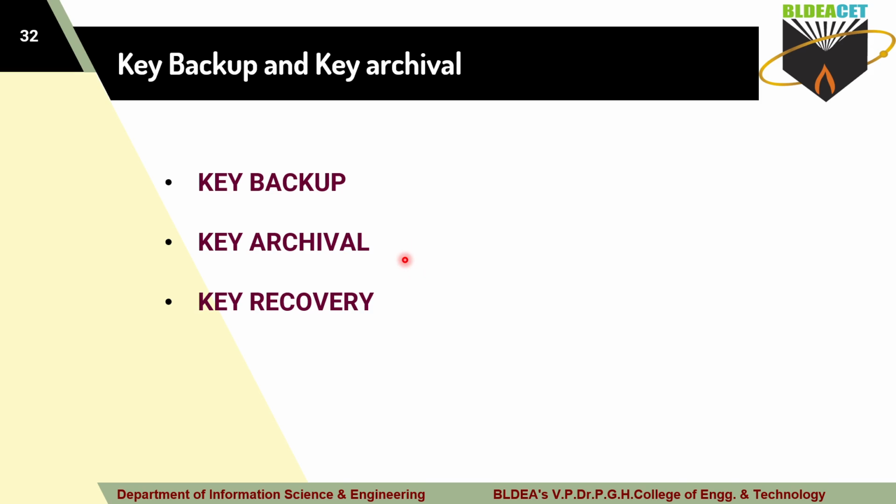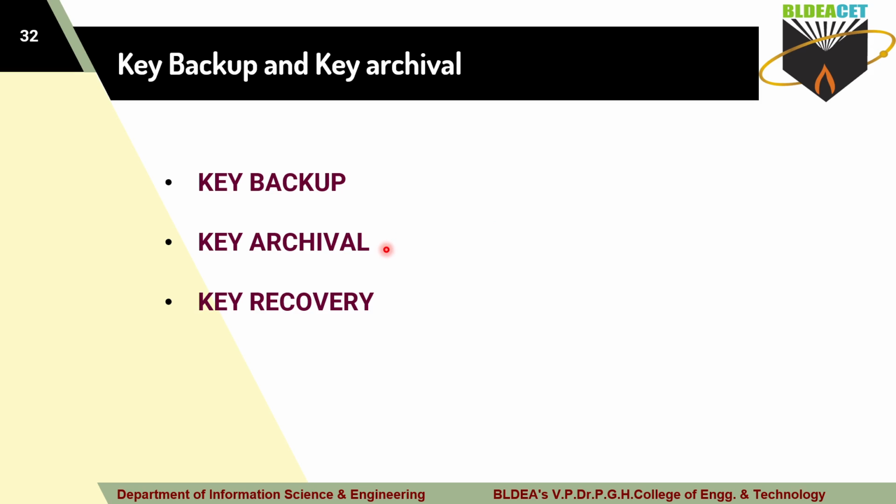The expiration date of the key is over, but before destruction you may sometimes require that same key to retrieve data that you encrypted using it. That's why for every key, key archival is also very important.